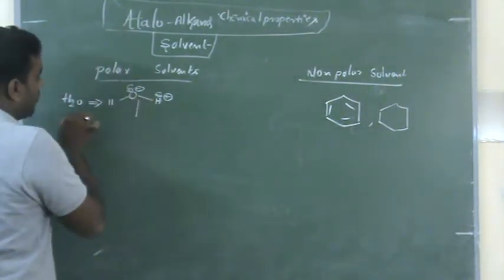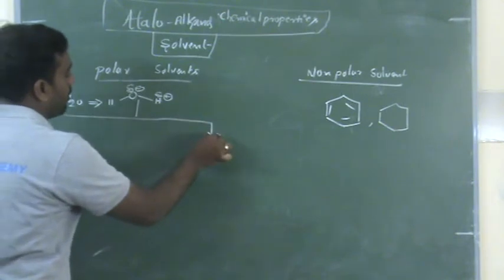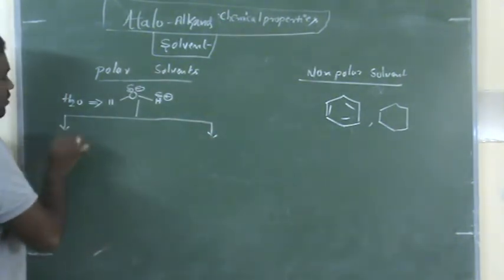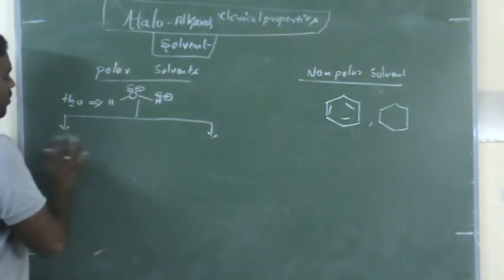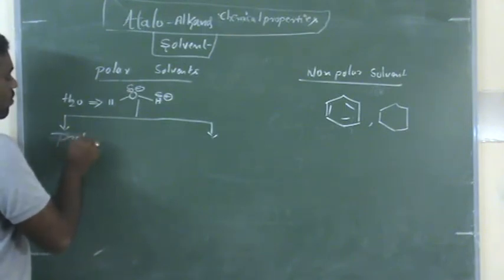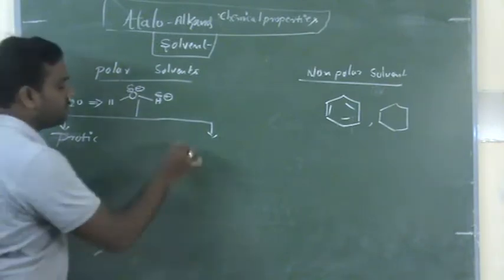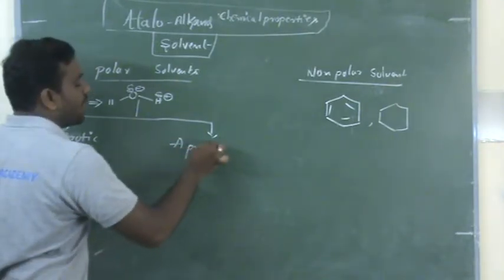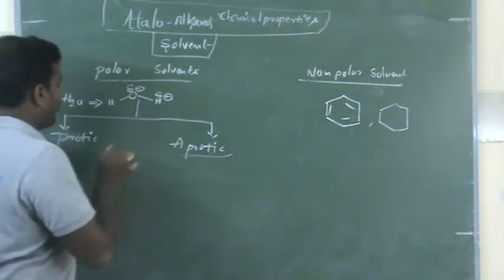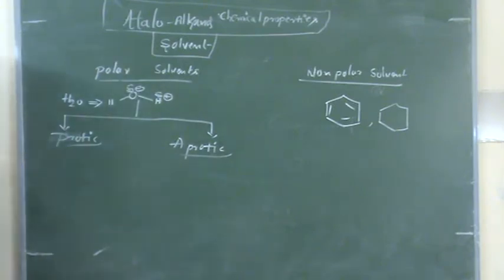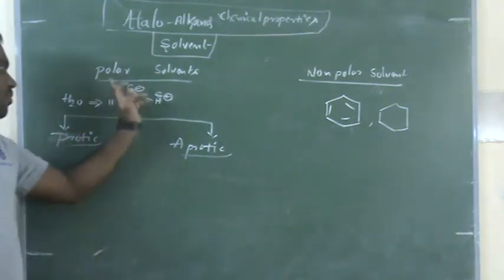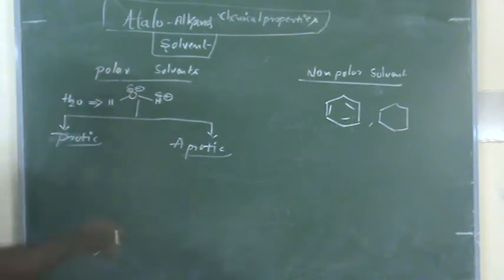Always keep in mind that polar solvents are of two types. One is polar protic solvents, and the other is polar aprotic solvents. What is the meaning of protic?